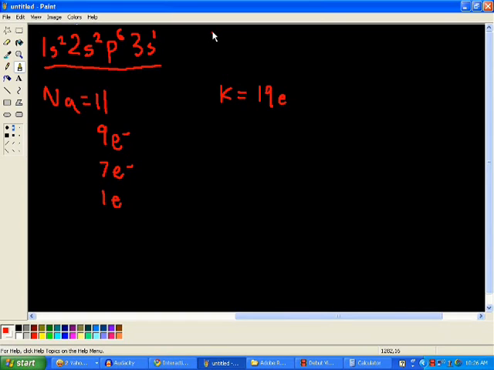We'd say 1s2, 2s2, 2p6. I forgot to write 2 here. Always write the number of the shell next to the subshell that you're filling. Okay? 3s2.